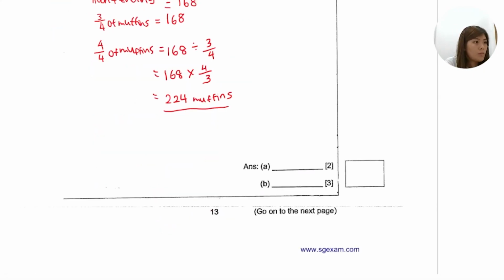Okay, then you just write in part A. Part A is 72, part B is 224.